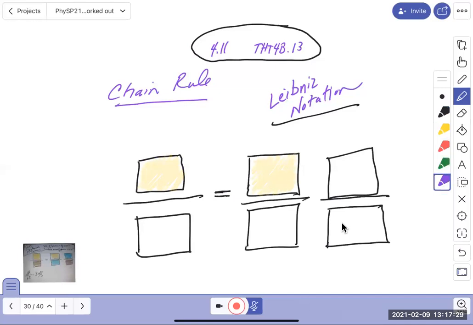I'll go purple, purple, purple, and then green, green. This is the general Leibniz setup for a chain rule situation. Keep that in mind. I'll give you a second to color that in. Hopefully you have color pens or crayons or something.